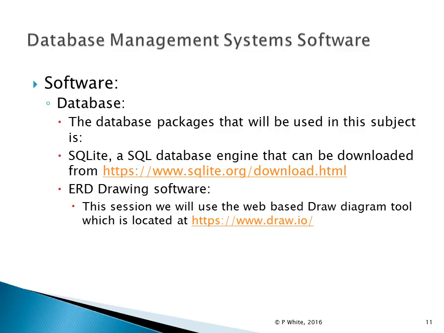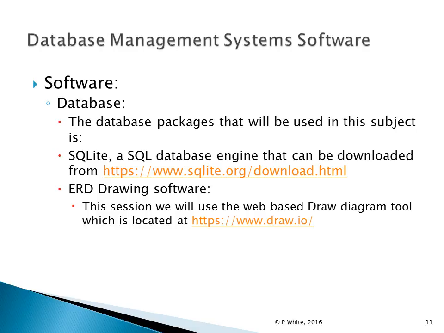The software we'll need for this, we need two packages. Firstly, the database, and we'll be using a package called SQLite, which is a SQL database engine, and this can be downloaded from this link here, sqlite.org. There'll also be a copy in the Interact Resources folder, so you can grab it from there.